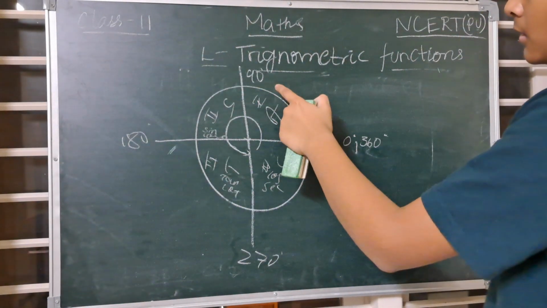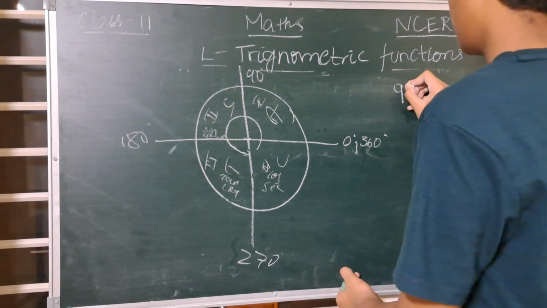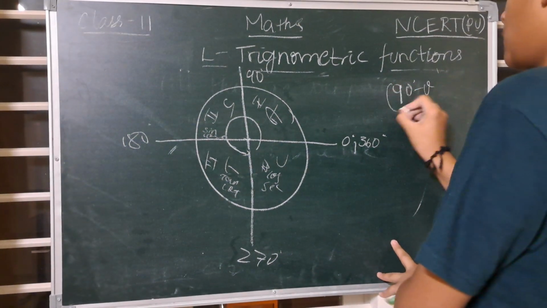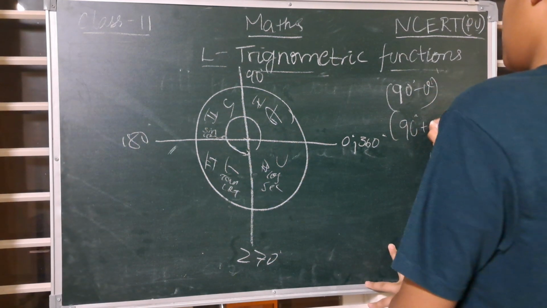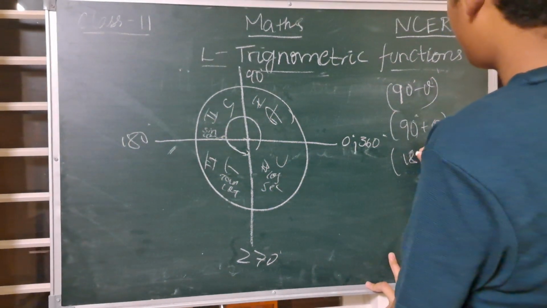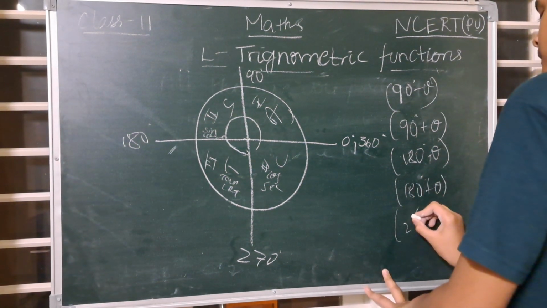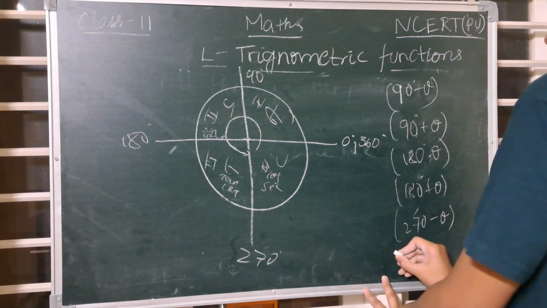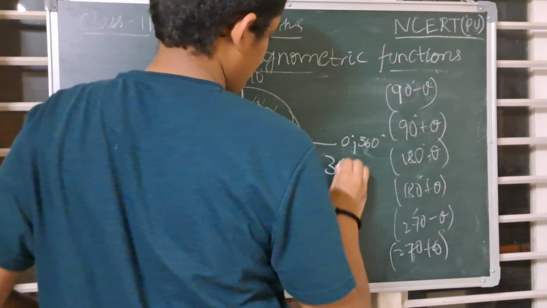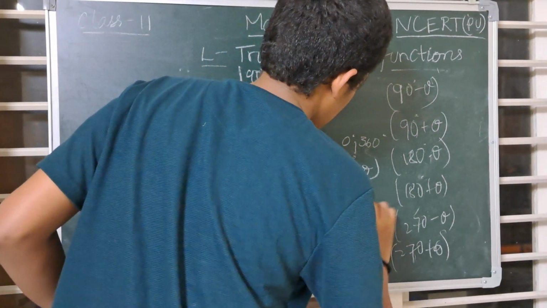From here we can take 90 minus theta. We'll take four types: 90 minus theta and 90 plus theta, 180 minus theta and 180 plus theta, 270 minus theta, 270 plus theta, 360 minus theta, 360 plus theta.